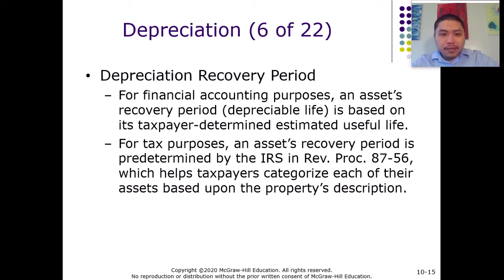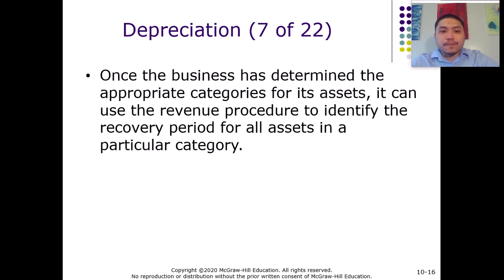There are some tables we can use to apply that predetermined rule to figure out the recovery period, the useful life of the asset.